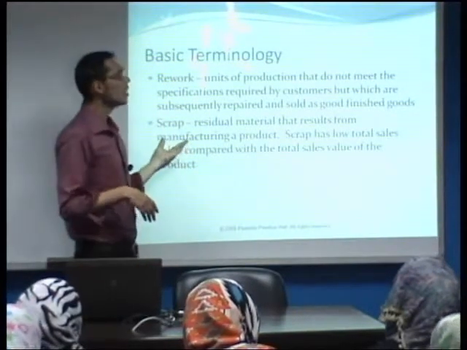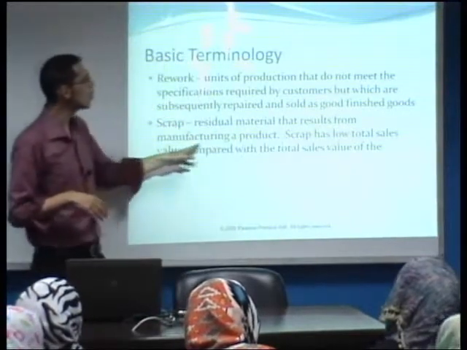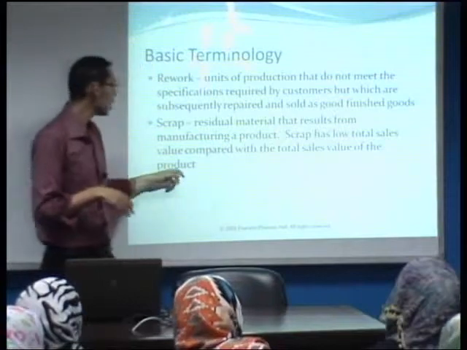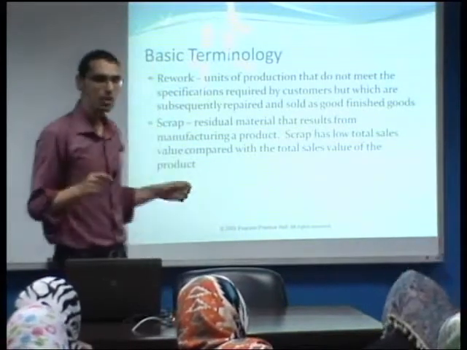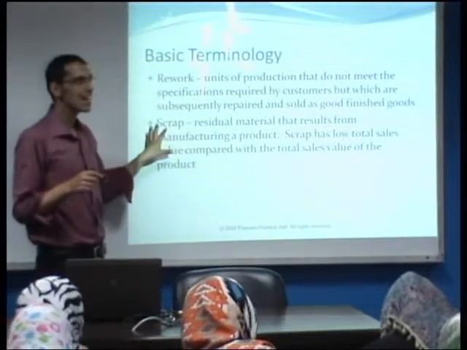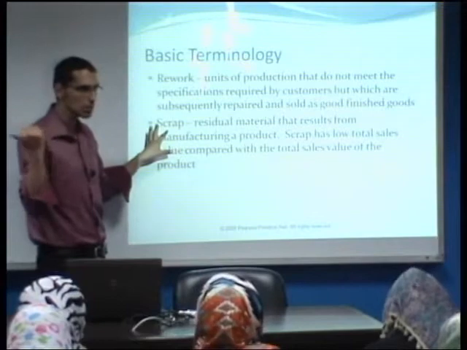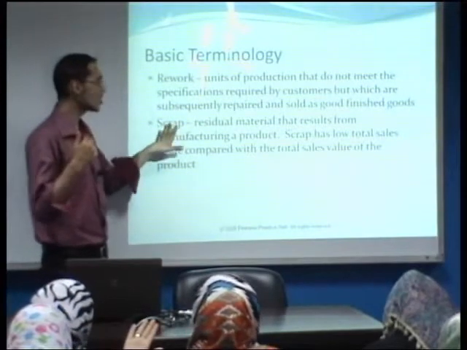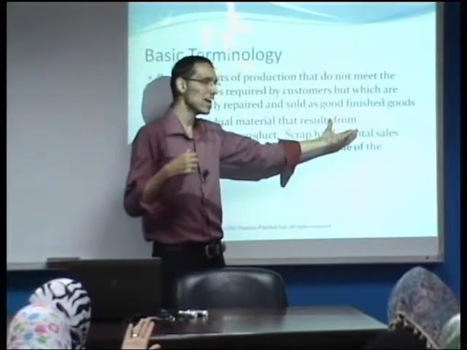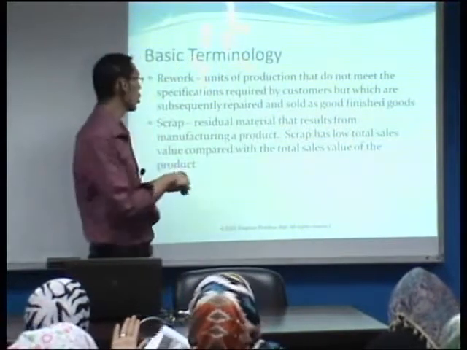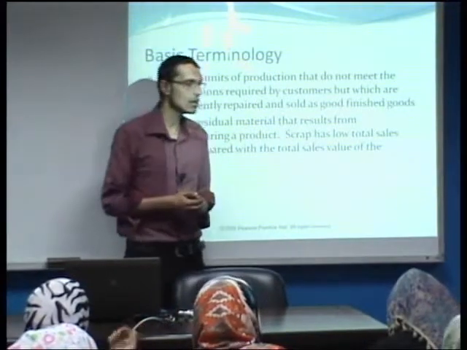Of course, this scrap has a low total sales value compared with the total sales value of the main product. As we can see here, the scrap is a lot like the byproduct that we took in chapter 16, because the scrap has a low total sales value compared with the total sales value of the main product.